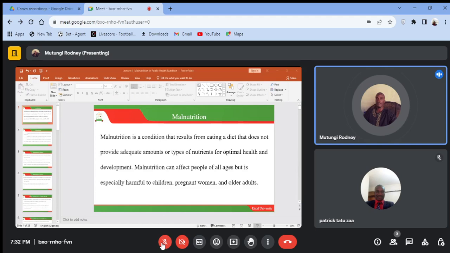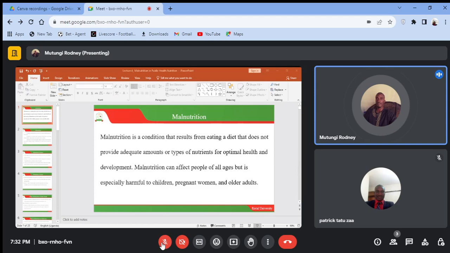So we address various topics when we are doing this nutrition education, which include breastfeeding, complementary feeding, or that feeding that takes place after exclusive breastfeeding. We are looking at introducing soft foods in addition to breast milk. That is why we are calling it complementary feeding.